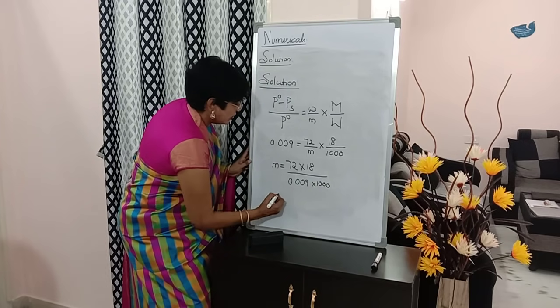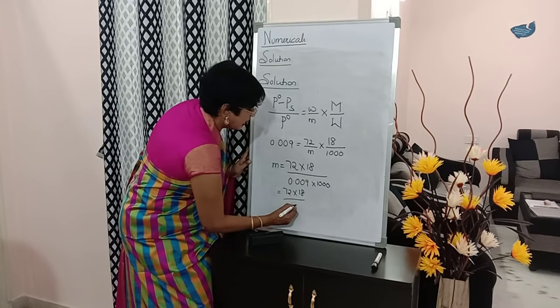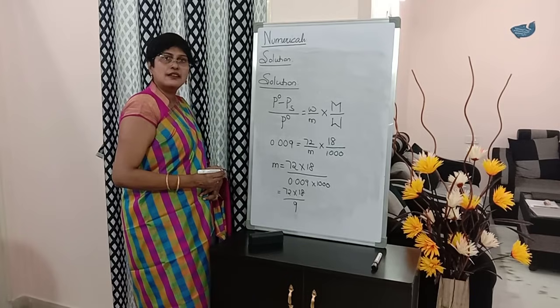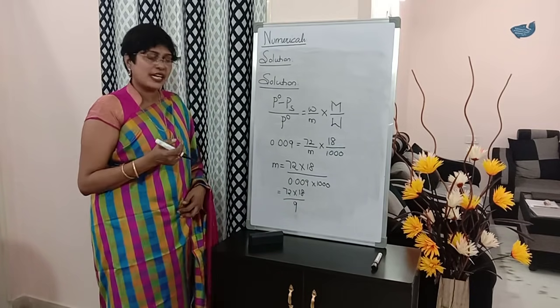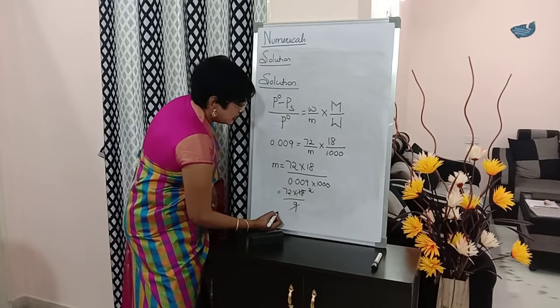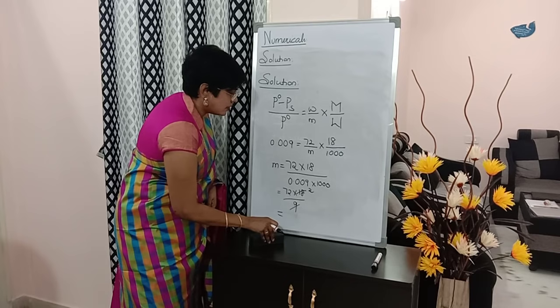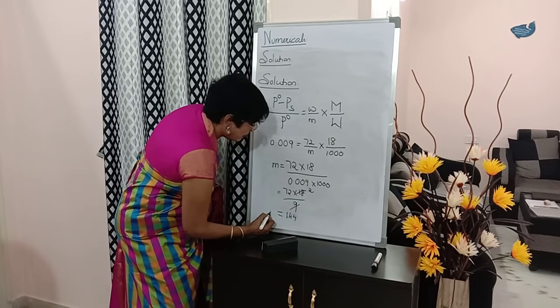So, it is equal to 72 into 18 divided by 9. 0.009 into 1000, how much? 9 only, na? So 9 twos are 18. 72 into 2, how much, students? 2 twos are 4, 2 sevens are 14. So 144. m is equal to 144.